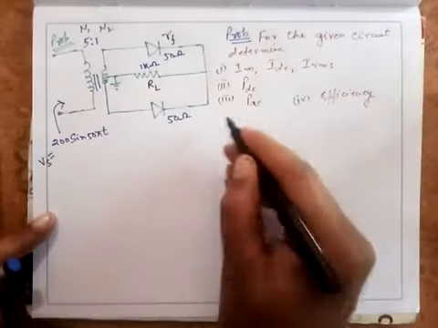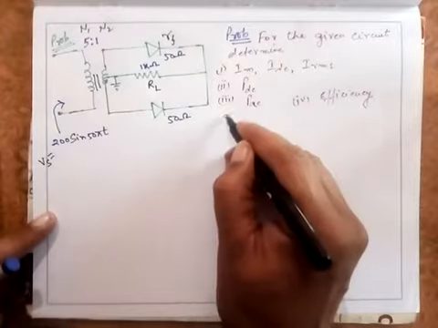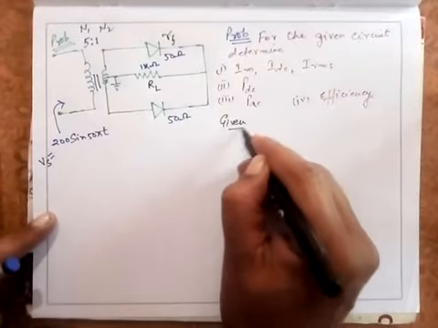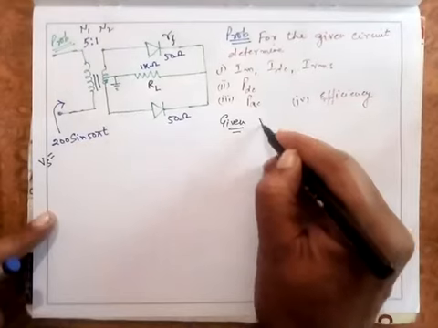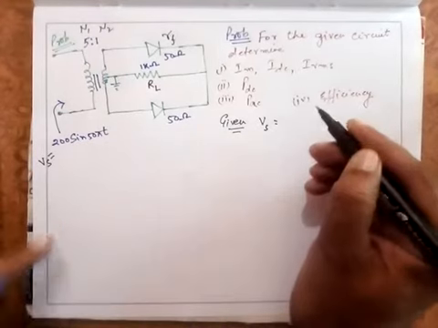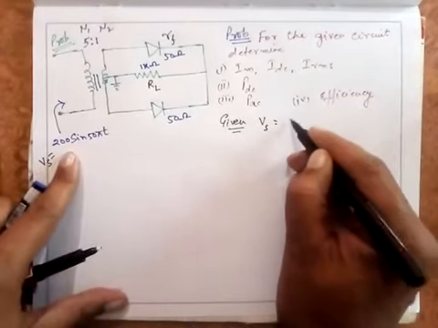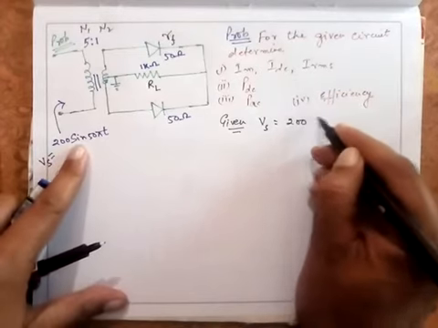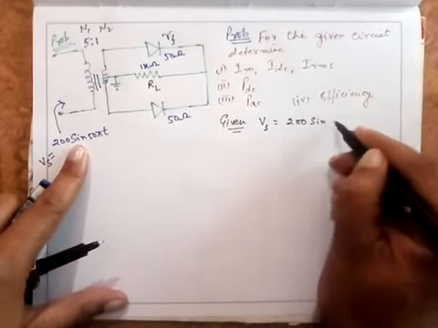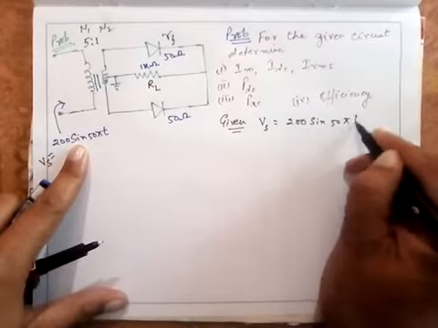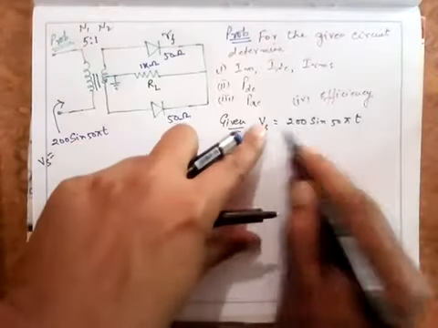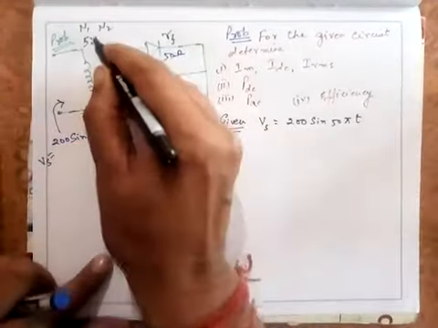That is what is given to me. The supply voltage Vs is given as 200 sine 50 pi t.